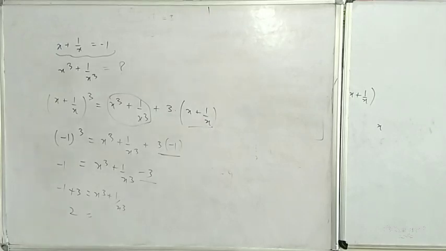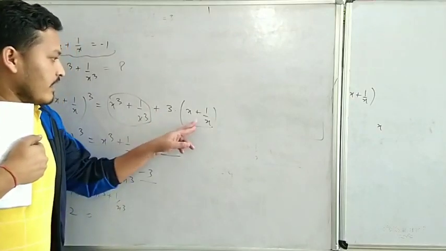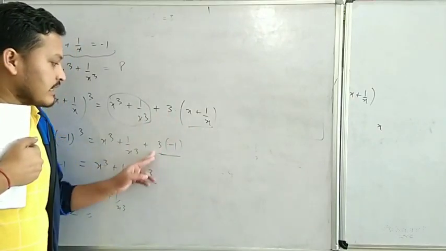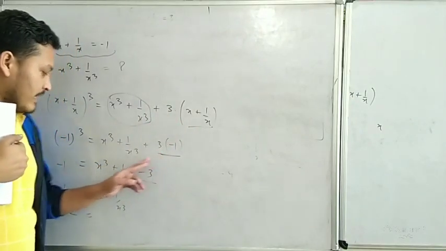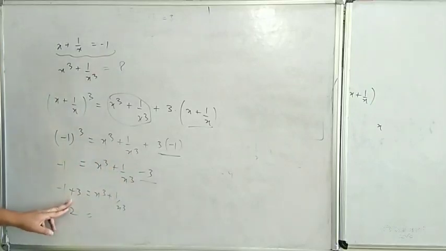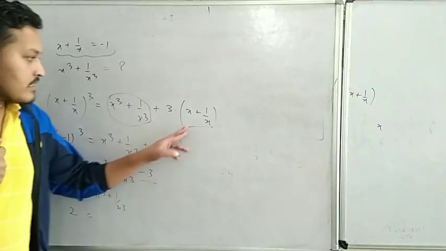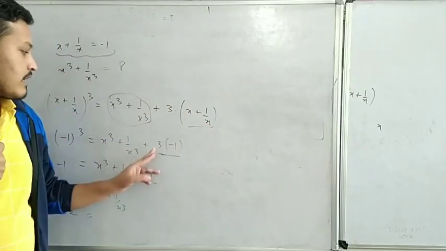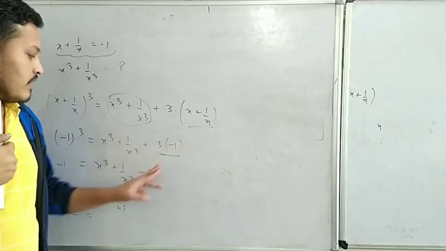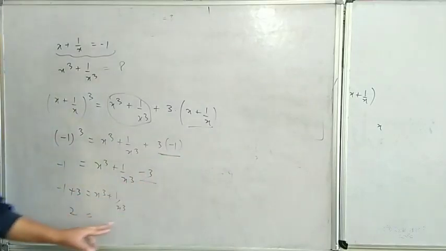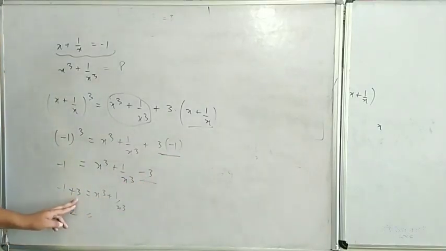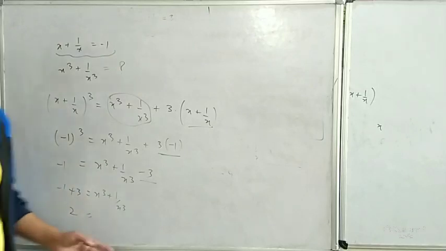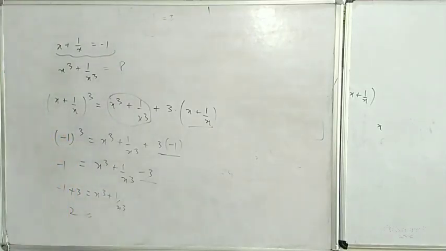If 4 is possible, listen here, if this is positive 3, then positive 3 you will take to the left hand side, that time this is negative 4. But x plus 1 by x, its value is minus 1. So it becomes 3 into minus 1, minus 3. Now take this minus 1 minus 3 to the right hand side, it becomes positive. So 3 minus 1 is equal to 2. So what will be the answer? Minus 4 or 2 or 4?